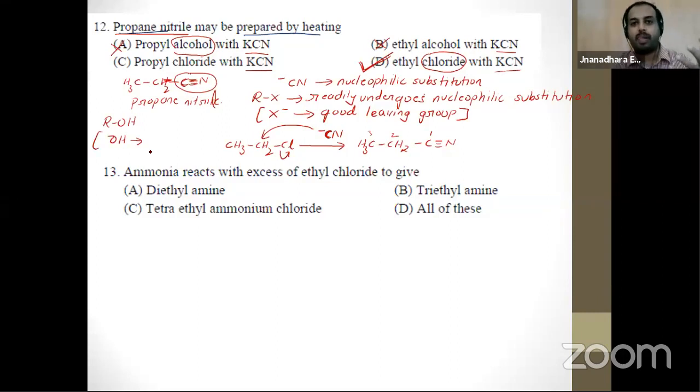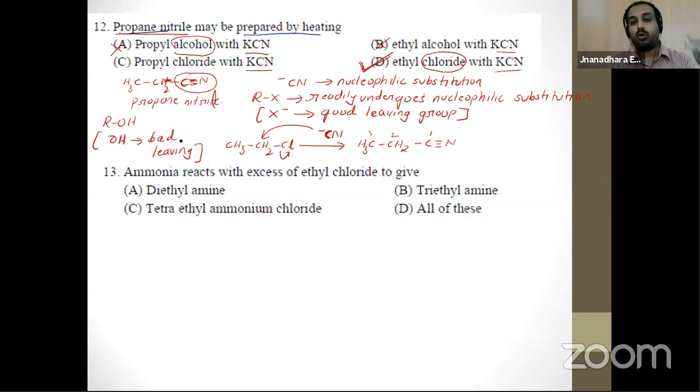It's a good nucleophile, and a good nucleophile is hesitant to come out, so you say it is a bad leaving group. If OH minus is hesitant to come out, then there is no question of another nucleophile displacing it. Therefore alcohols are not so good in undergoing nucleophilic substitution.